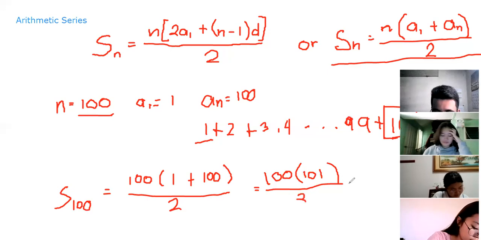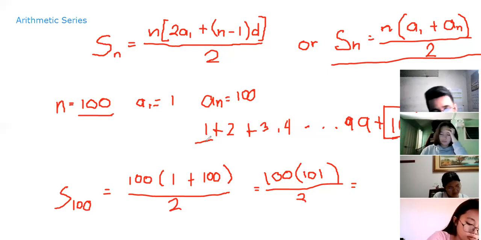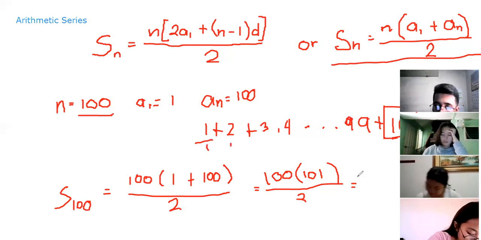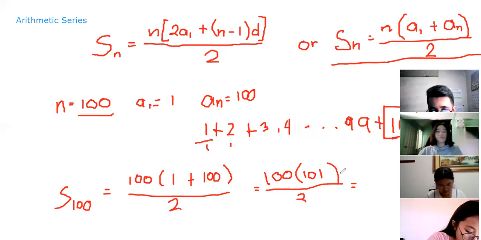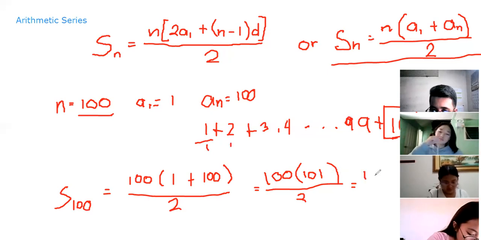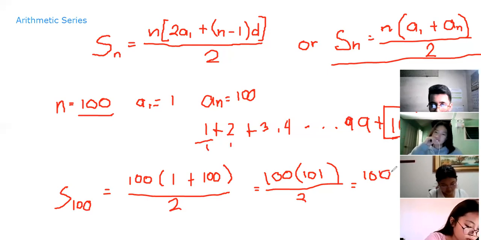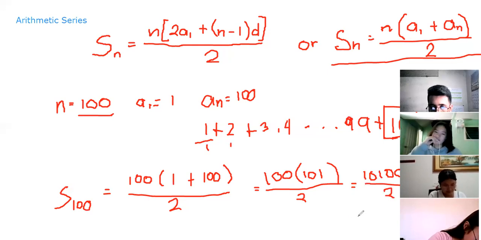I-over 2 natin siya. Tama naman. Then, 100 times 101, 10,100. Then, i-divide natin: 10,100 divided by 2 is 5,050.